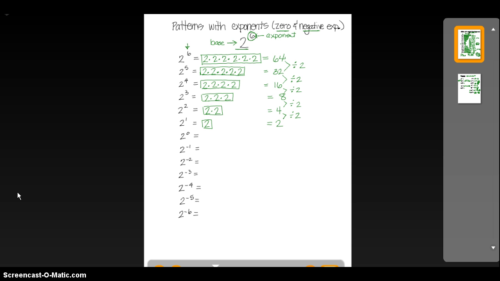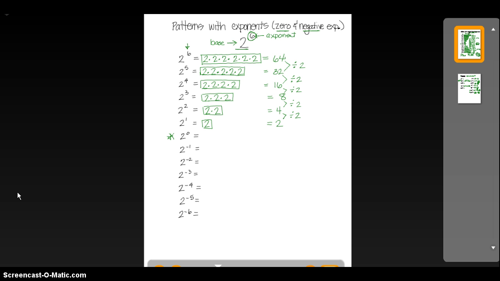So each time that we decreased by 1 factor of 2, our answer was divided by 2, because we had 1 less factor of 2.